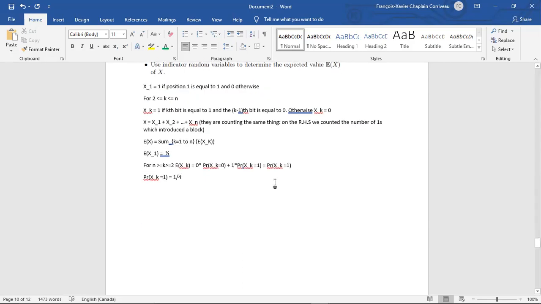And now you go back in your summation. So this summation is what? So the expected value of x is equal to, okay, it's equal to a half. So I'll pull this first term.